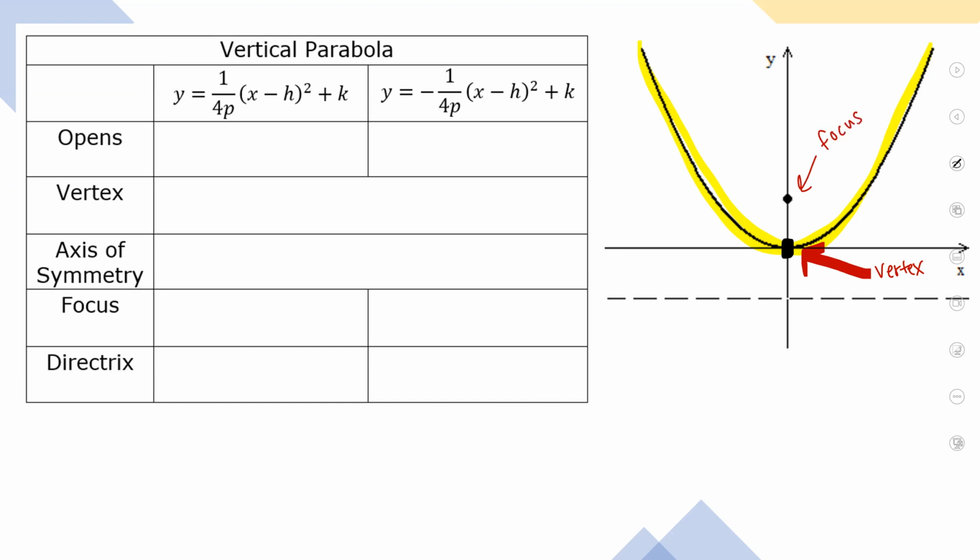The focus is always inside of the parabola, okay? So actually, guys, right here in the box where it says focus, let's write the definition one more time. Focus is a point inside the parabola. It's important that you remember that it is inside the parabola.